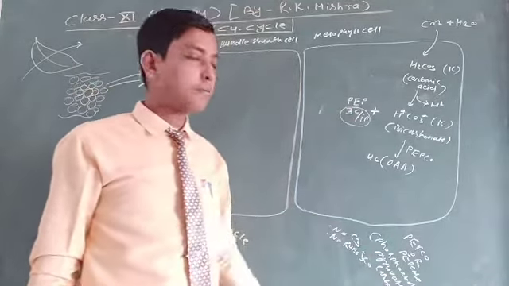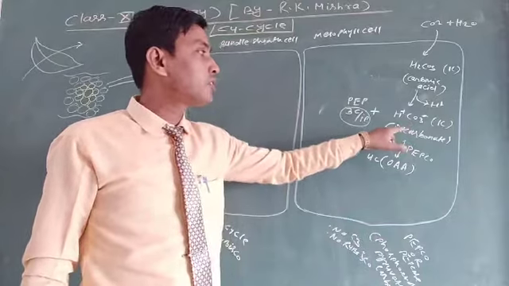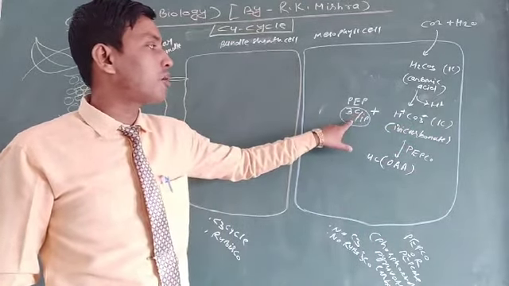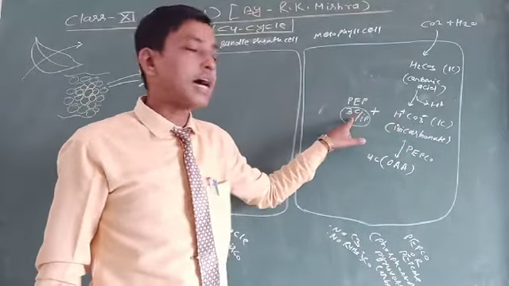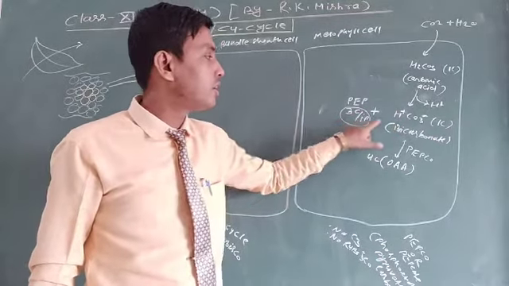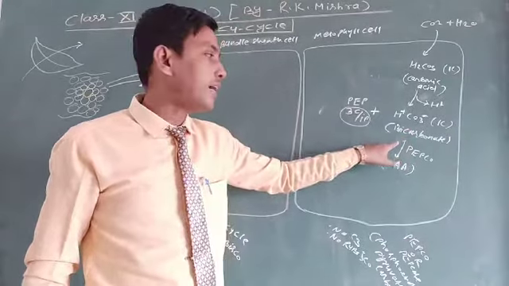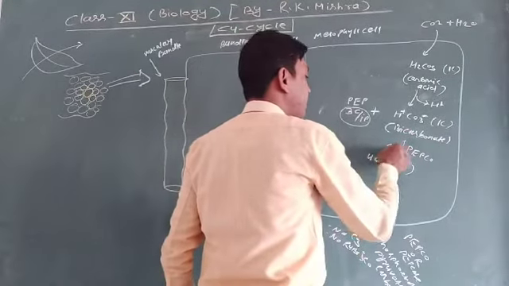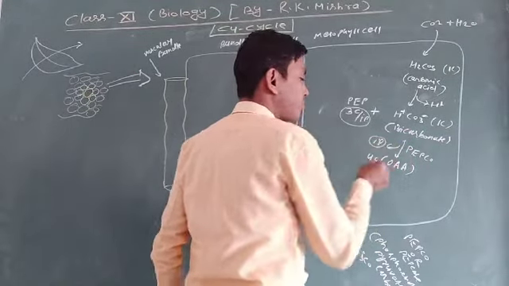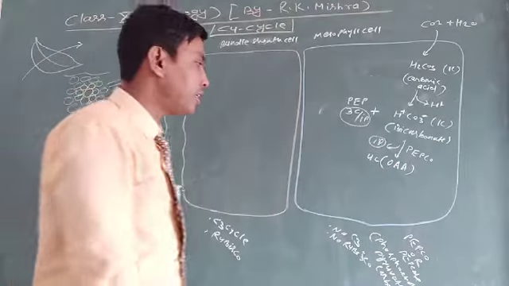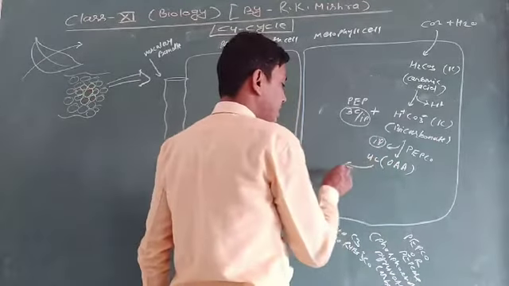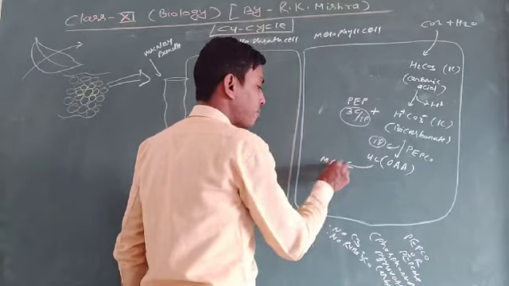The Pepco enzyme is responsible for combining the phosphoenol pyruvate, that is 3 carbon plus 1 phosphorus compound, to react with the 1 carbon compound, the bicarbonate ion, and Pepco also eliminates the 1 inorganic phosphate to form the oxaloacetic acid. This oxaloacetic acid later converts into malic acid.